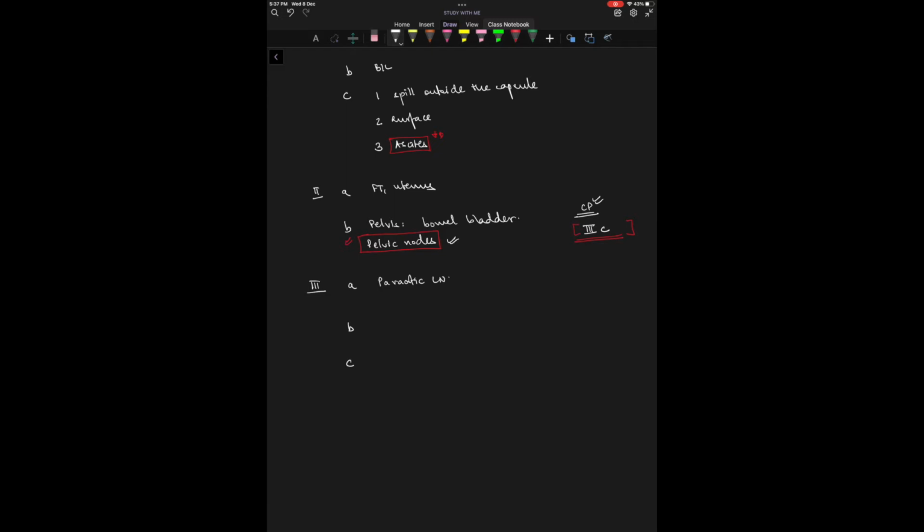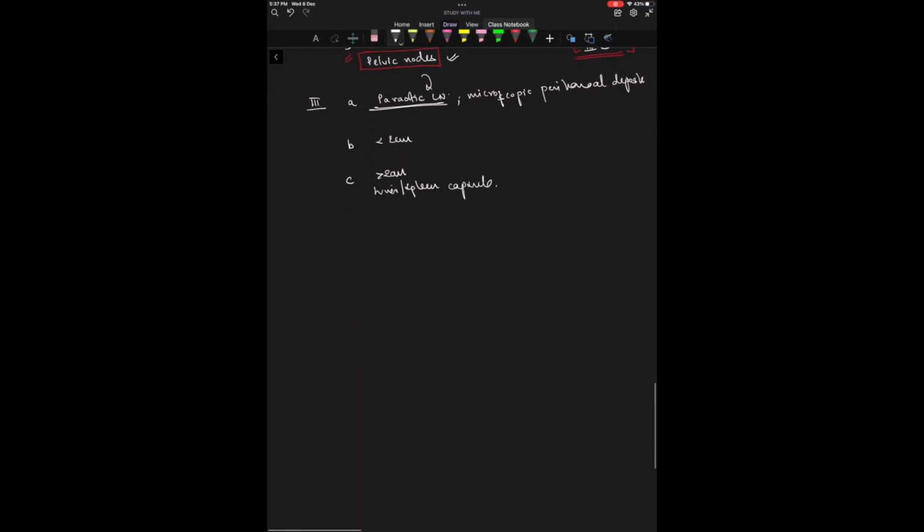Here in 2B, pelvic nodes are there, so para-aortic nodes will follow, and hence they are given in stage 3A. Also stage 3A comprises microscopic peritoneal deposits. Fine. Then B and C are dependent upon size. B is less than 2 cm and C is more than 2 cm. Also, liver and spleen capsule involvement would come under stage 3C.